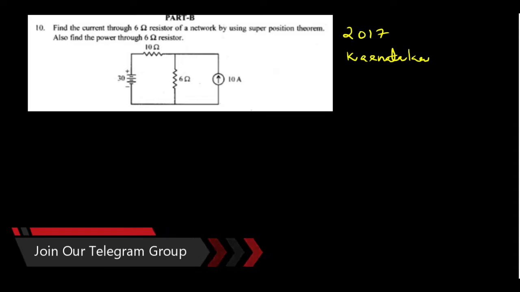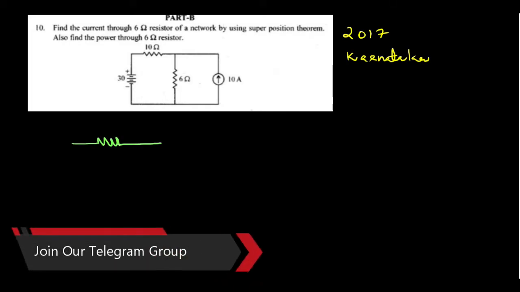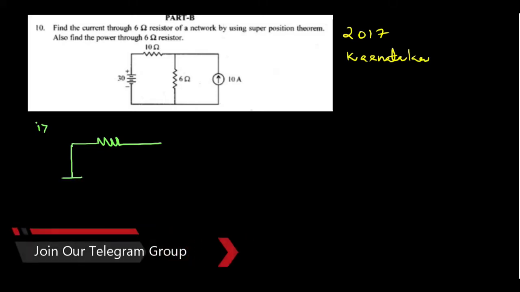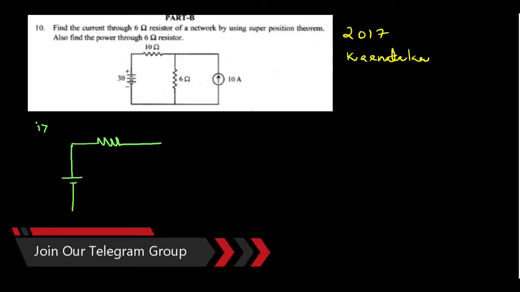First, we will consider one source. First we will consider the voltage source, and we will replace the current source with its internal resistance, that is, an open circuit for the current source.